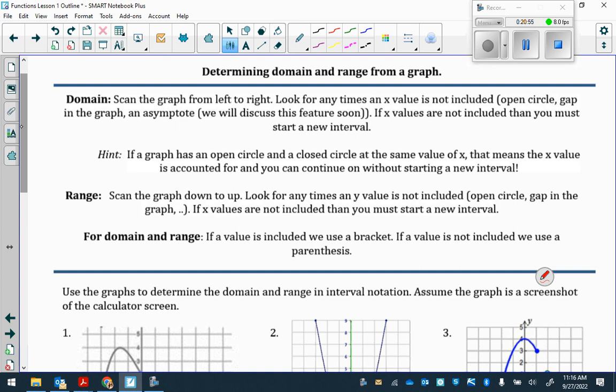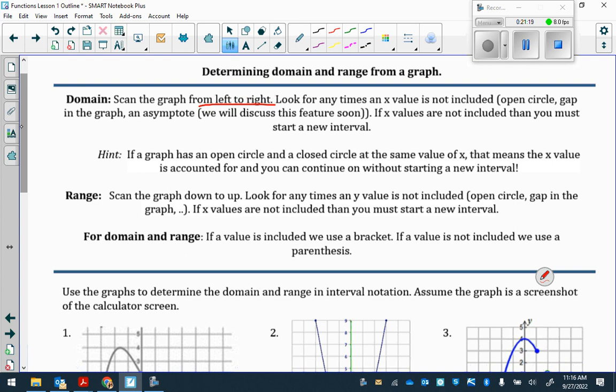Now, looking at our domain and range, scan the graph always from left to right. Look for any times an x value is not included, meaning an open circle, or something called a gap or an asymptote, which we'll discuss a little bit later. If x values are not included, then you have to start a new interval.